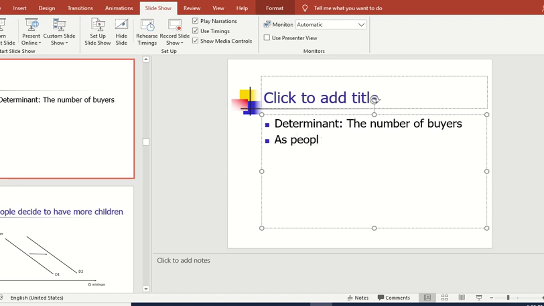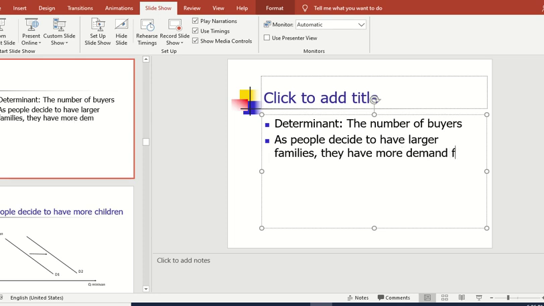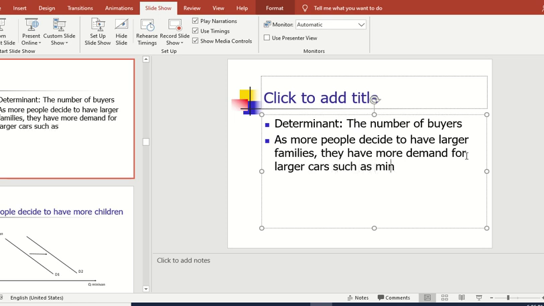As people decide to have larger families, they have more demand for larger cars, such as minivans. So either way, we will see an increase in the demand for minivans.